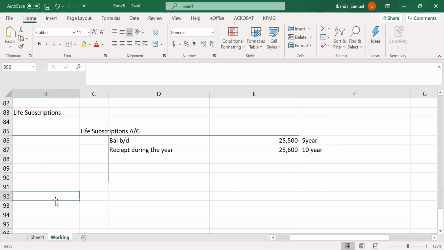So what this means, recognition for the year, okay? Recognition for the year is this. So for the balance that relates to the 5 years, what we are going to recognize for the year will be this value, which is 25,500 divided by what?